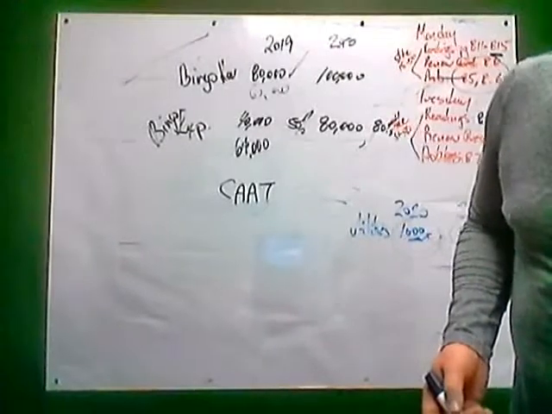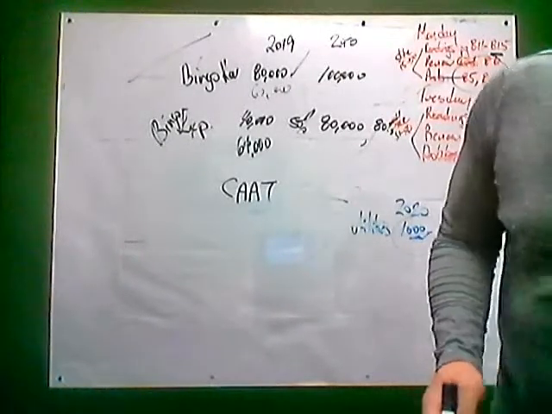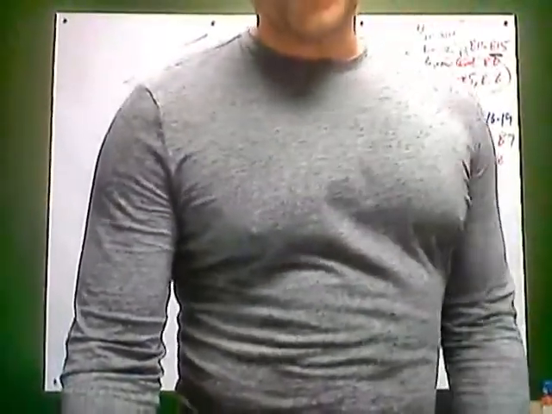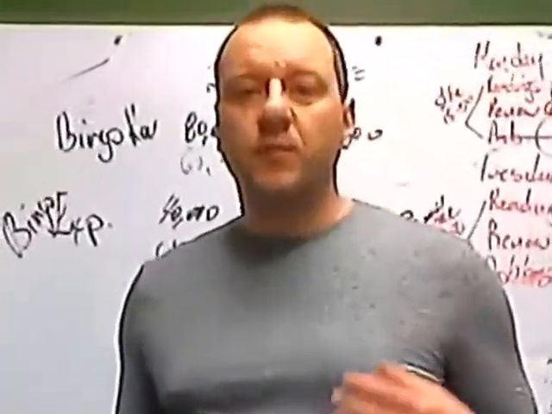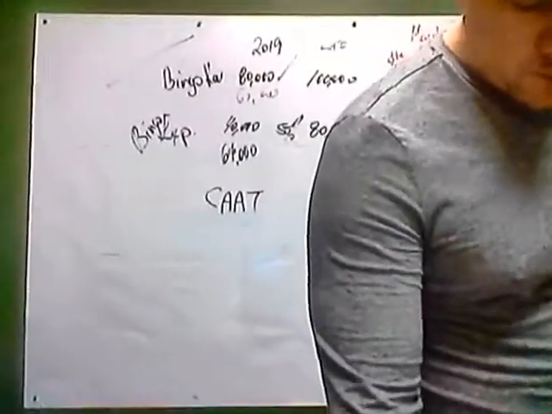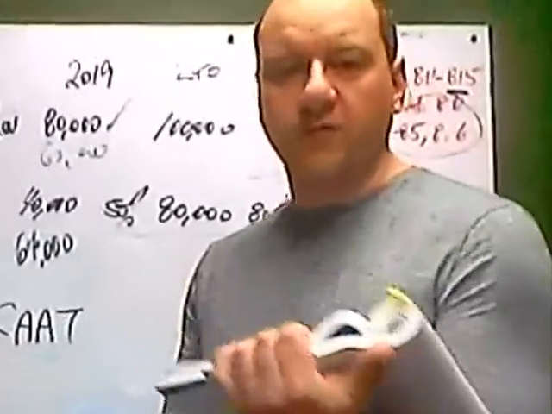From there, what would be examples of analytical procedures that provide persuasive evidence? Let's look to table 8.2. So we have here some examples.